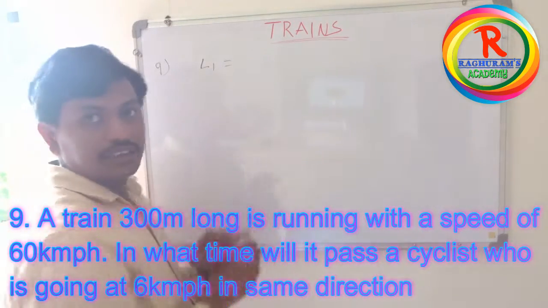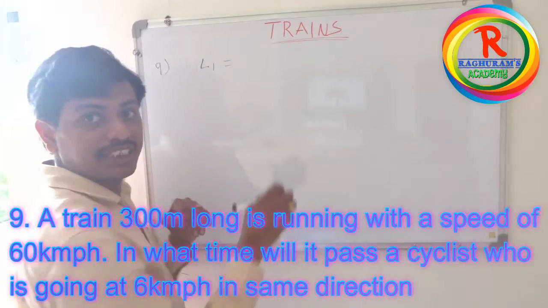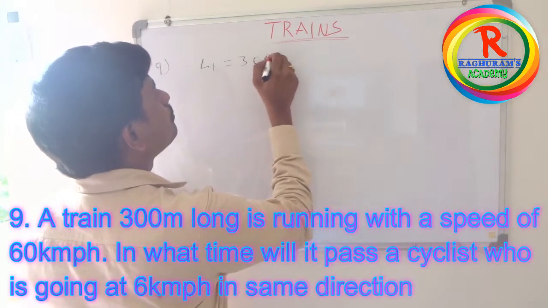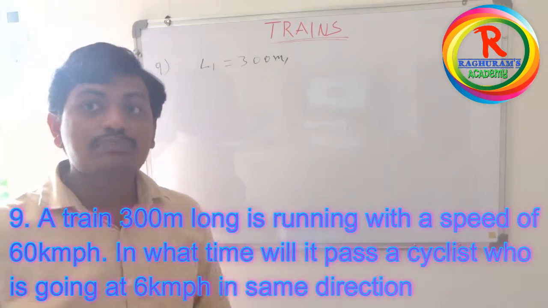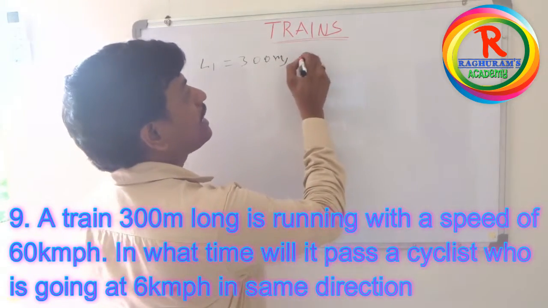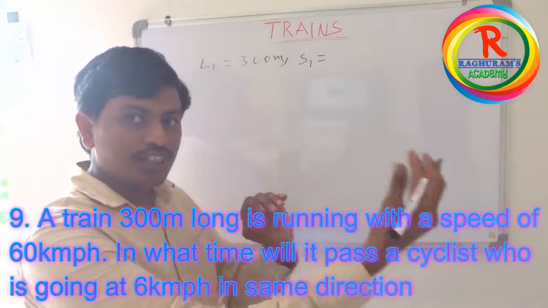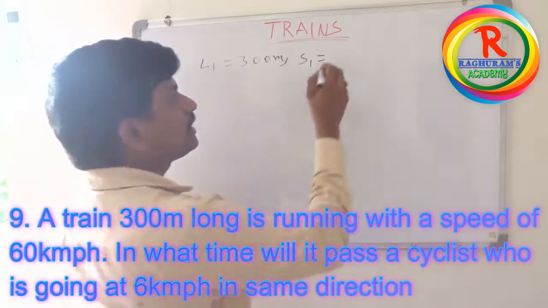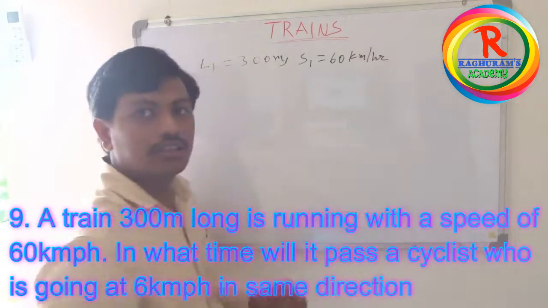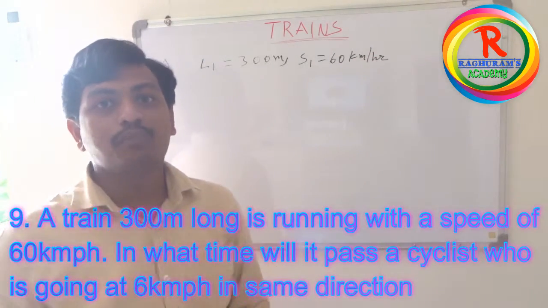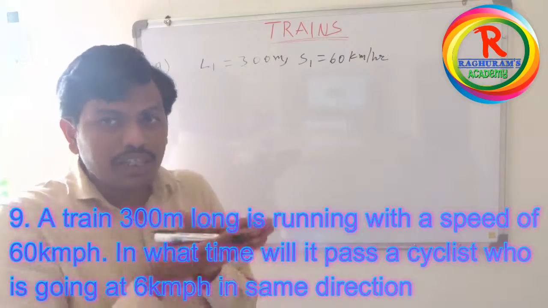Train length L1. What is given? Train 300 meters long with the speed 60 kilometers per hour. I'll take it as S1 because the other object is also moving. In what time will it pass a cyclist who is going in the same direction?